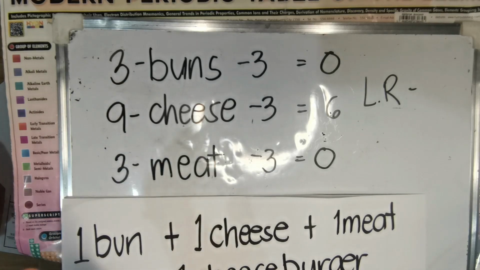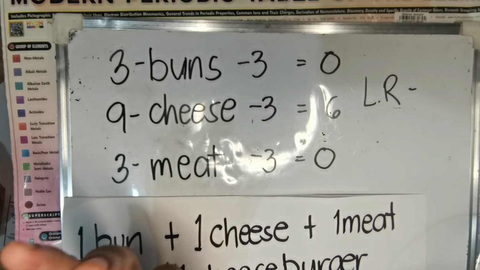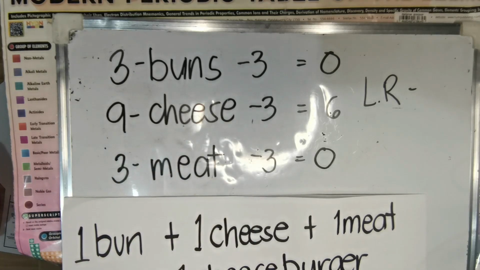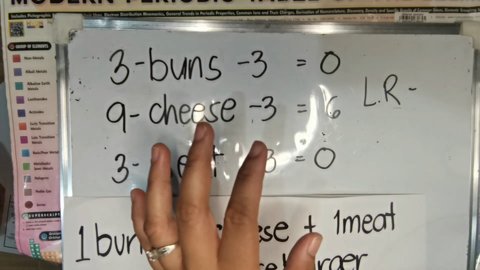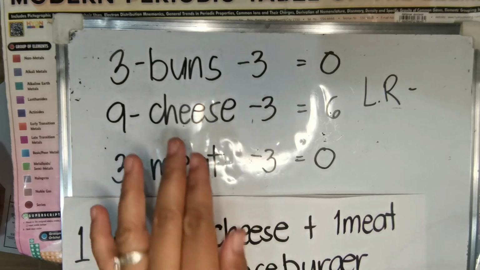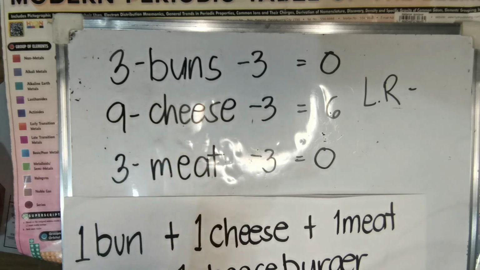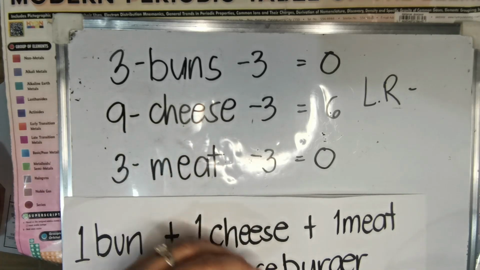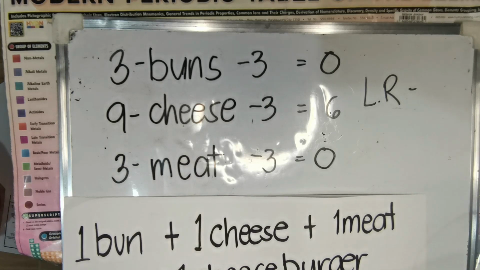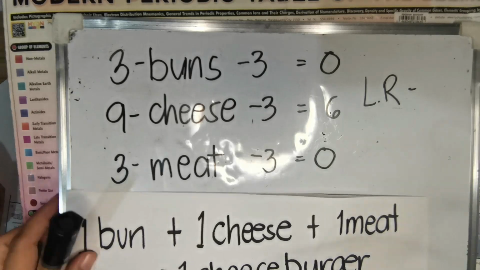By the way, the excess reactant is the reactant in a chemical reaction that remains when the reaction stops when the limiting reactant is completely consumed. Kahit nag-stop siya, nagre-remain siya doon. But still, hindi siya makakapag-produce ng new product without the help of the other. So that is the limiting and the excess reactant.